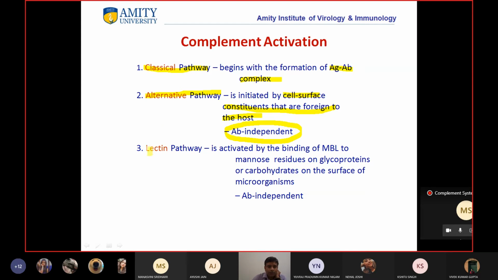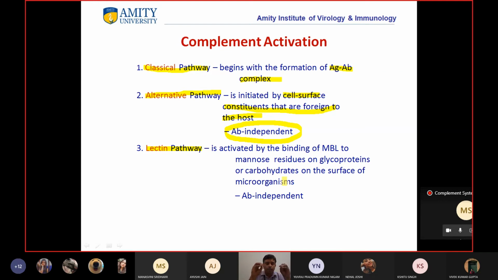And the third pathway, the lectin pathway, is activated by the binding of MBL to mannose residues on glycoproteins or carbohydrate on the surface of microorganisms. We will understand later what MBL is and other things. I won't discuss it right now because then you'll get confused, and that would be too much to handle at this point.